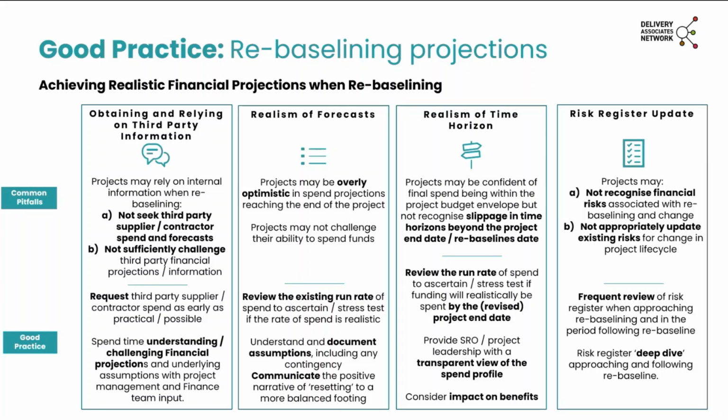So what we suggest, again rooting the rebaselining in as much evidence as possible, is reviewing the existing run rate of spend on your projects to stress test if the rate of spend that you're forecasting or is currently set is realistic for the project.